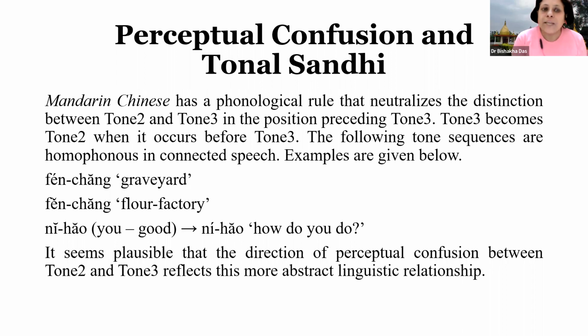So here it would be flower factory, and the pronunciation will be the same as the first one, the graveyard. Graveyard is Fen Chang, absolutely no problem. But the second one has both third tones, both falling and rising, both low dipping tones. But two tone threes are not possible. Hence, the first syllable of tone 3 will be changed to tone 2. So it becomes Fen Chang.